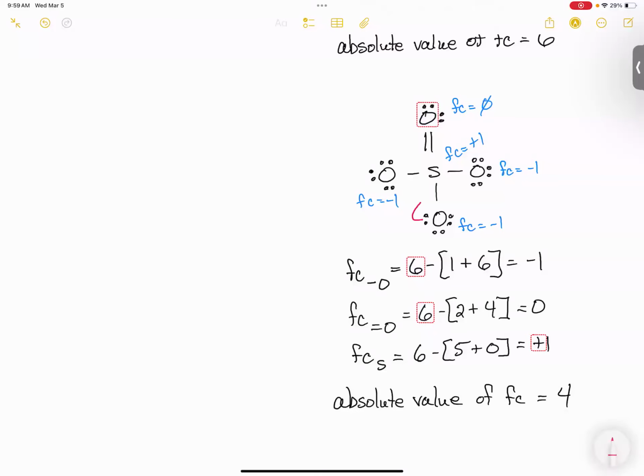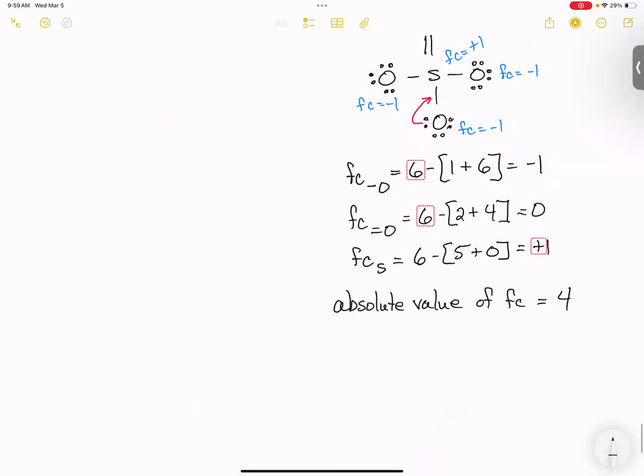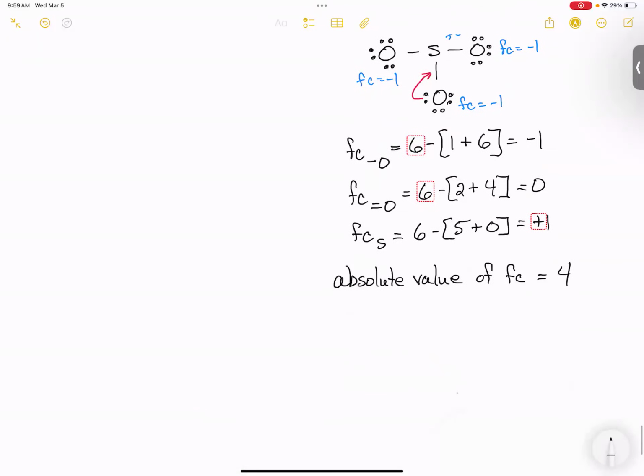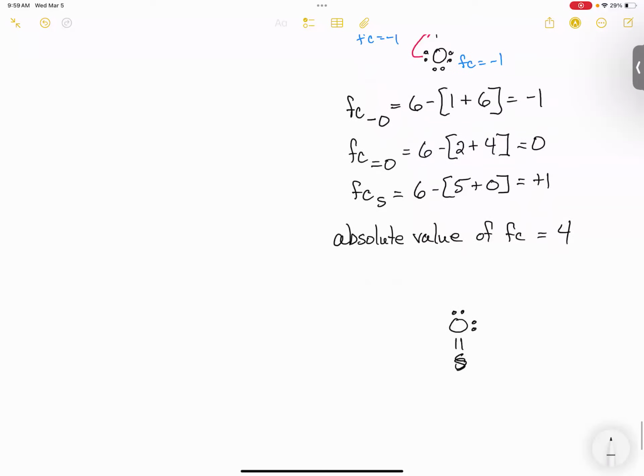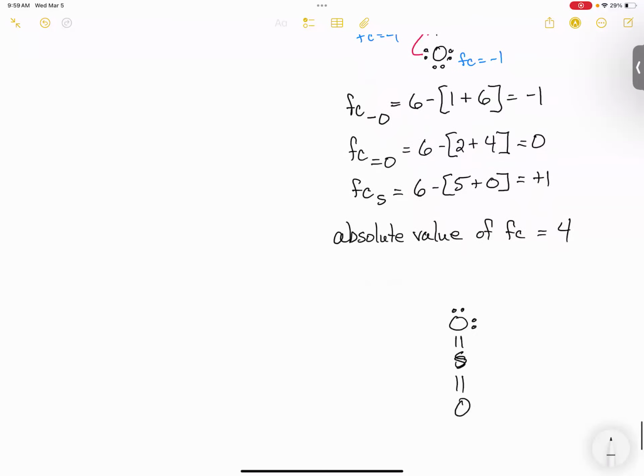We can bring in another lone pair. So now we have a double bond sulfur to oxygen on the top and on the bottom, and a single bond on the right and on the left.